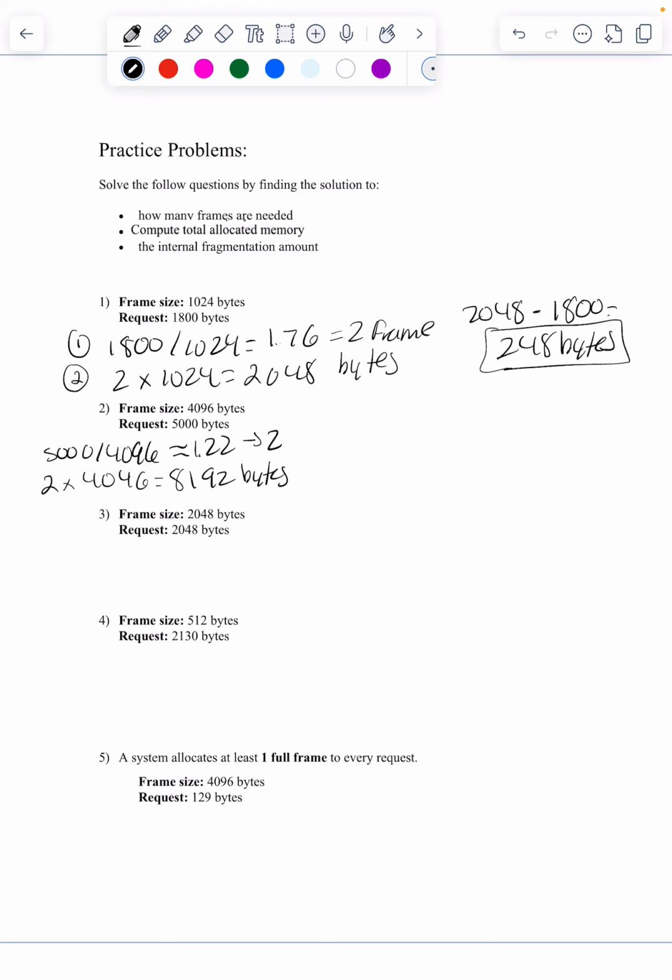And to get the wasted, again, we're going to take the total allocated and subtract the requested, which gets about 3192 bytes. So we need 2 frames, total allocated is 8192 bytes, and the total fragmentation is 3192 bytes.